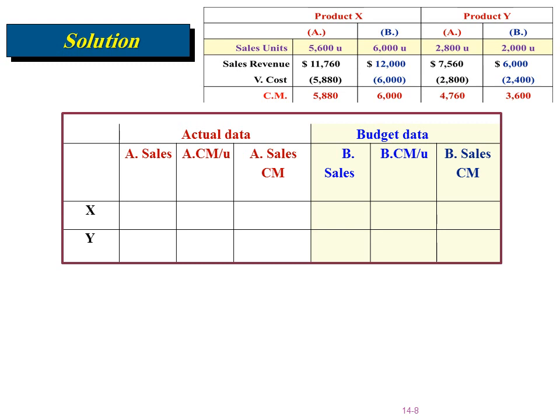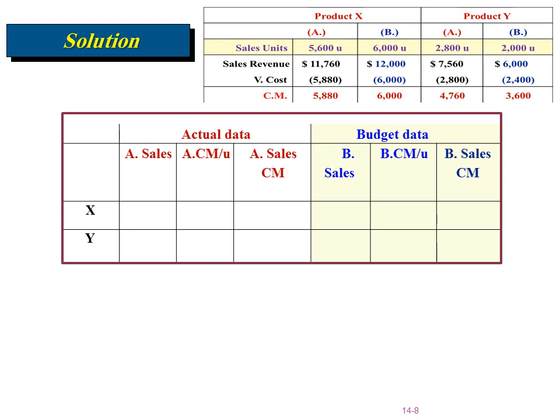Okay, at the top of this slide, if you see, we have part of our problem here. We have actual and budget for X, and actual and budget for Y. Here I have sales units, sales revenue, variable cost, contribution margin. It is the total for X and Y. So I can get actual sales for X, yes, actual sales 1,600.